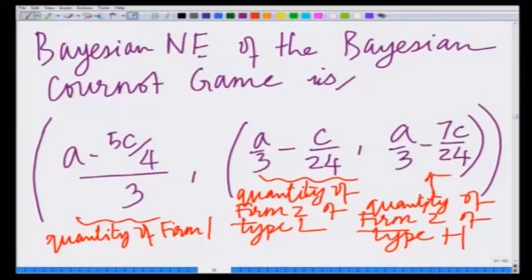What have we derived? We have derived the equilibrium quantities of each firm of each type at the Bayesian Nash equilibrium. The quantity produced by firm 1 is (A minus 5C by 4) divided by 3. The quantity produced by firm 2 of type low is A by 3 minus C by 24, and by firm 2 of type H is A by 3 minus 7C by 24.